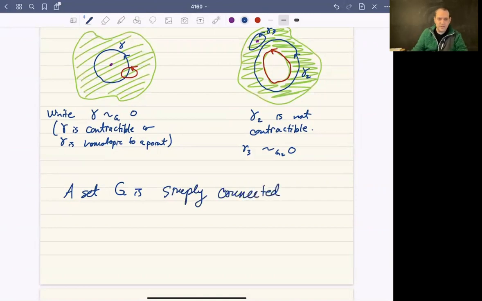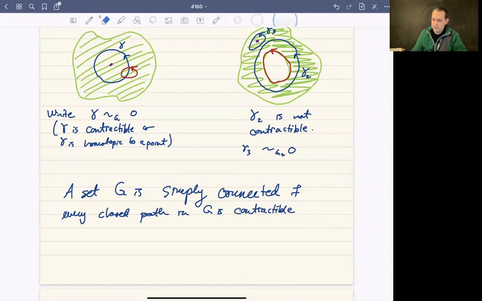But now a precise way to say that: a set G is simply connected if every closed path in G is homotopic to a point, or if every closed path in G is contractible to a point. Okay, that's what it means to be simply connected. That means that there's no holes in the set G, so that's just kind of the intuition there.